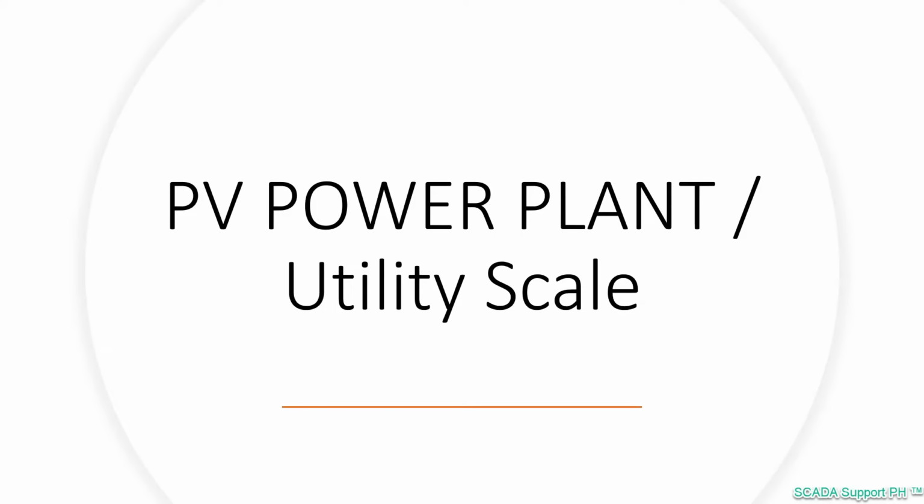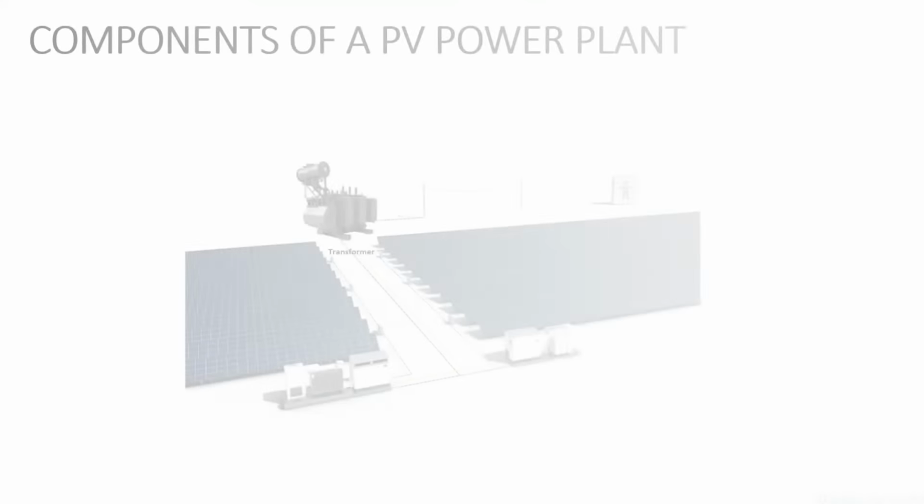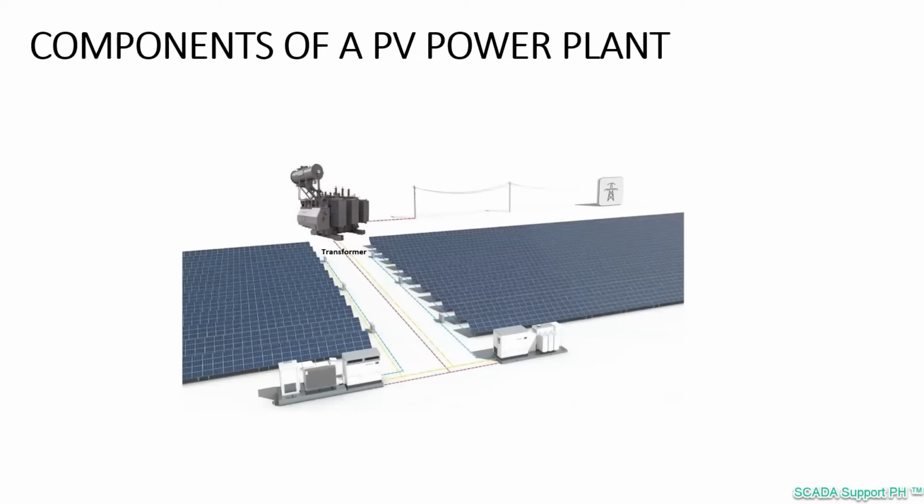This section focuses on solar PV power plants, or those that are considered to be on the utility scale. Here we have an example of a ground-mounted PV power plant, and the main components include your solar array. These can be panels or strings.